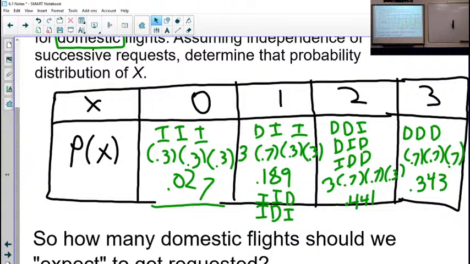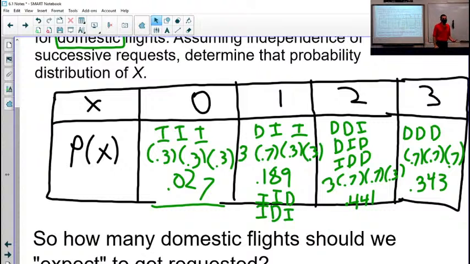And so basically what we're going to do is we're going to have a formula that's going to calculate the mean amount of flights that we would expect. And the way that we're going to do that is that, well, about 2% of the time we should expect none. And about 18% of the time we should expect 1.